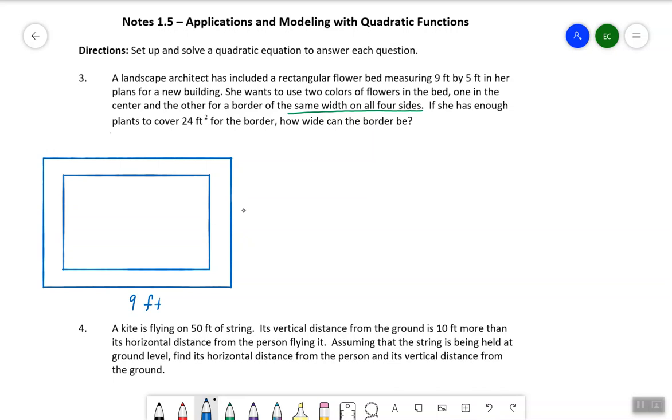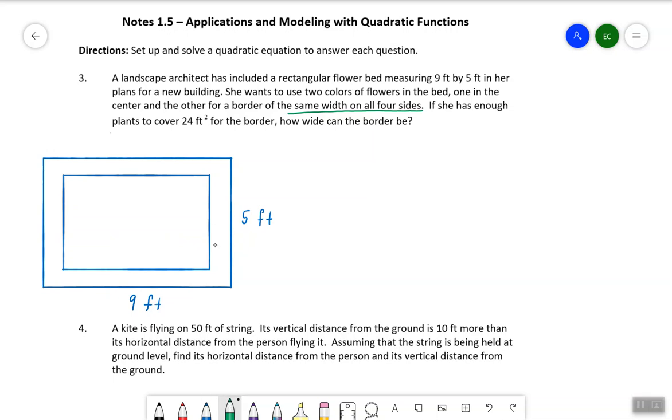And the width of that rectangle is 5 feet. And then there's one color of flowers in the middle of the large rectangle, and so that's the smaller rectangle. And then there's a border which has the same width on all 4 sides.